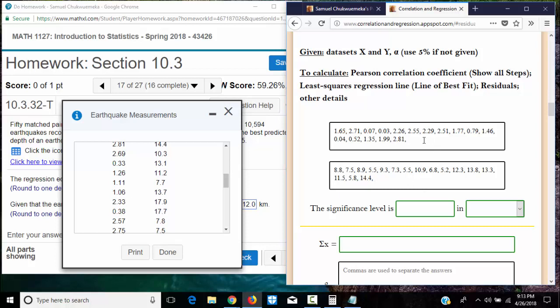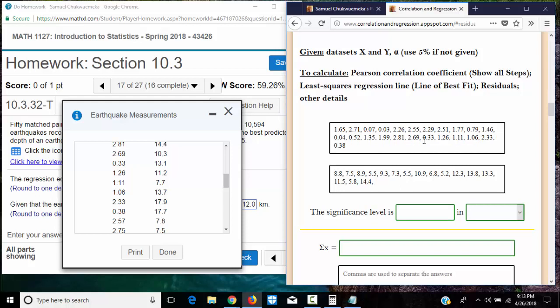Then here we have 2.69, 0.33, 1.26, 1.11, 1.06, 2.33, 0.38, 2.57, 2.75.